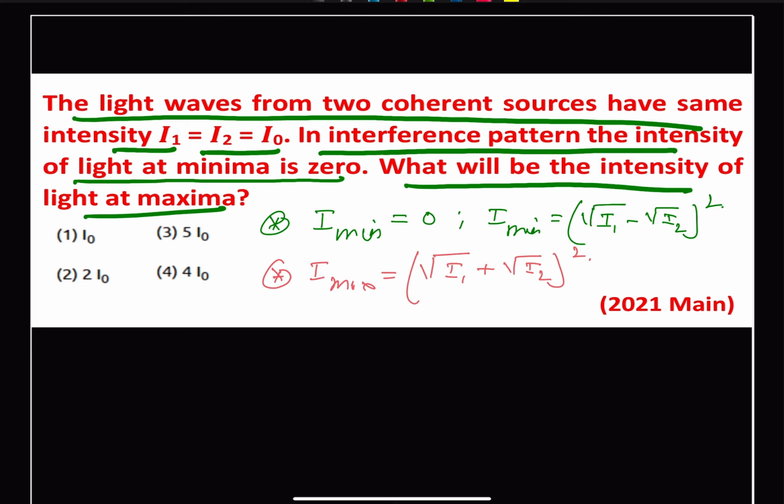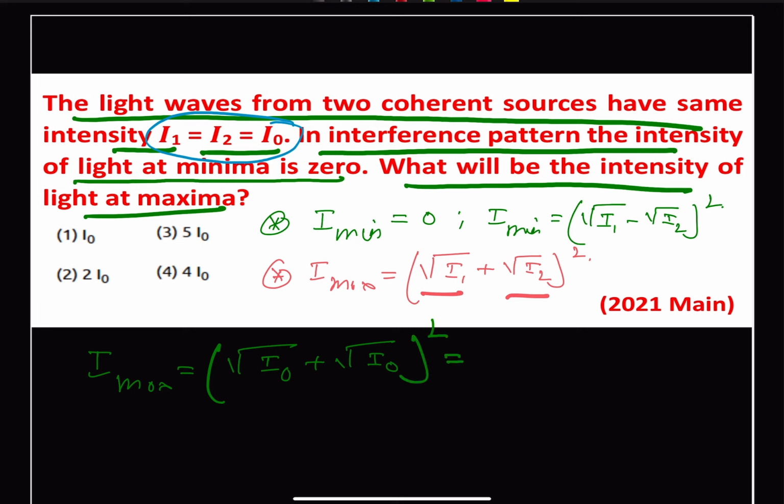And I minima is 0, and we are given that I1 is equal to I2 is equal to I naught. So we can easily substitute the value of I1 and I2 as I naught, and we can write that our I max will be equal to (square root of I naught plus square root of I naught) whole square.